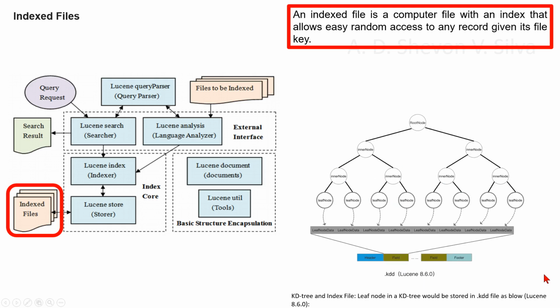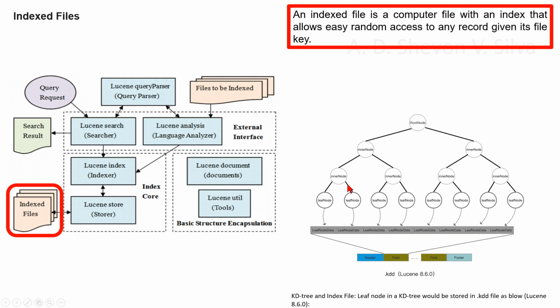Here you can see the leaf node in the .kd tree, which would be stored in the .kdd file as below. Here you can see a root node, inner nodes, and then leaf nodes.